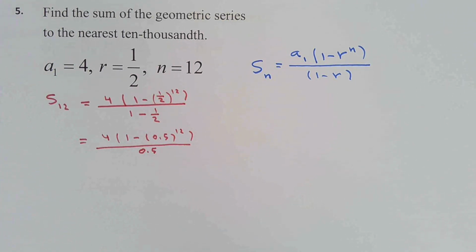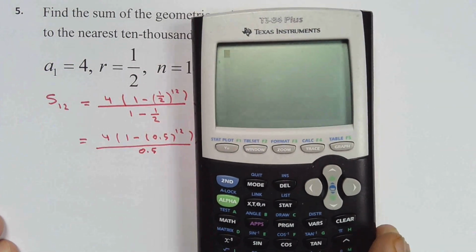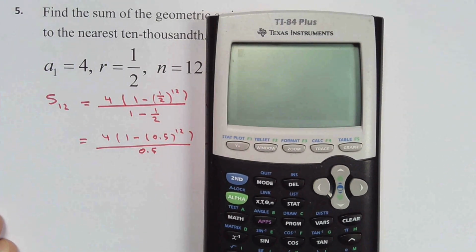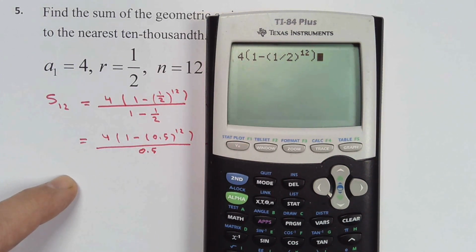So I have the following. Four multiplied by 1 minus half, or 0.5, to the power 12, that's my numerator, all divided by the denominator, which is half.